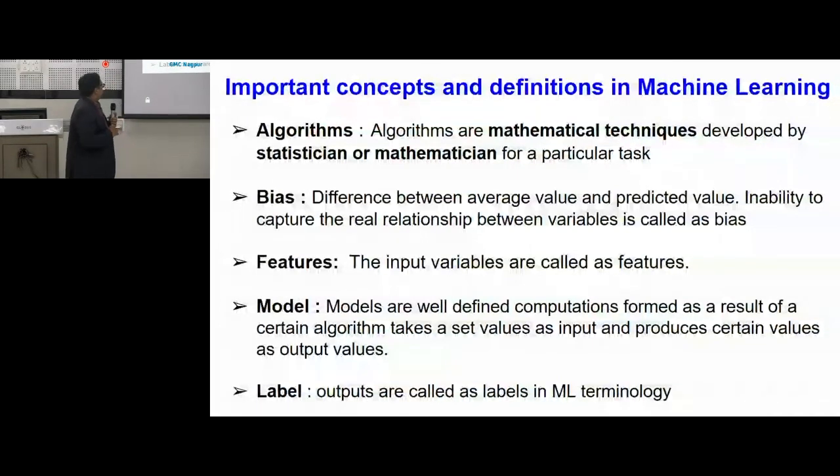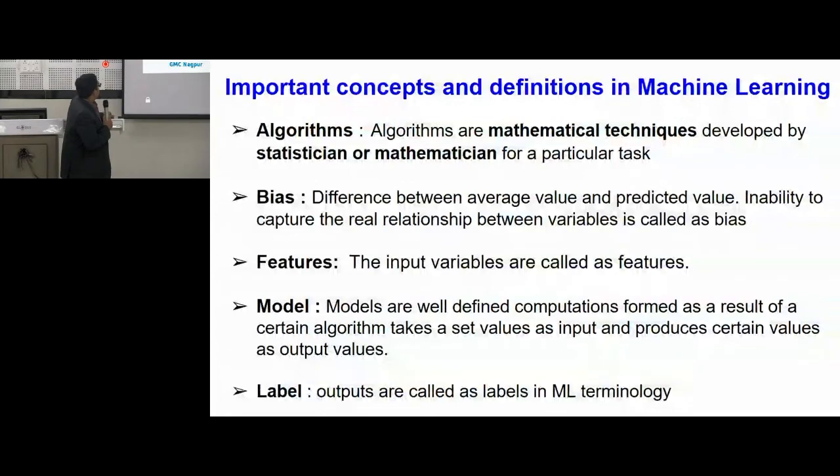A model is what the algorithm gives: a well-defined computation formed as a result of a certain algorithm, which takes a set of values and fits our inputs to outputs. Label: outputs are labels. Like the tumor being malignant or benign, that is our label. For ECG, the heart attack, yes or no, that is called a label. So this is the machine learning terminology.